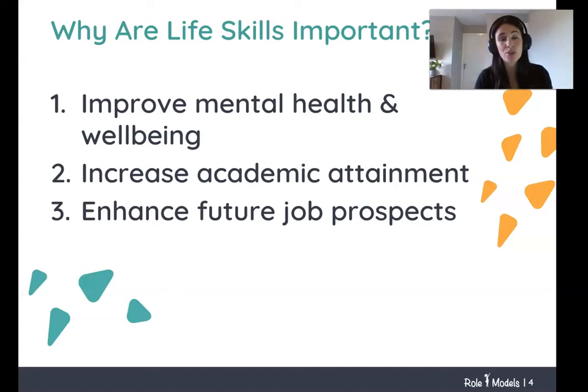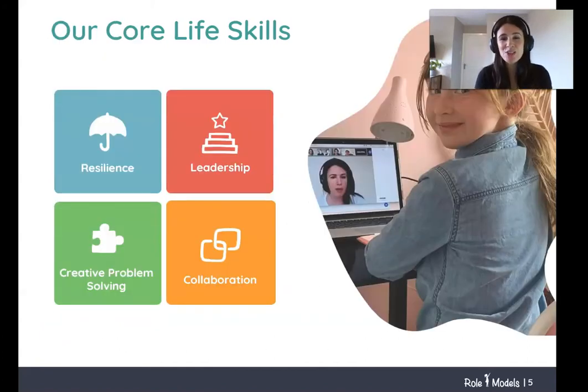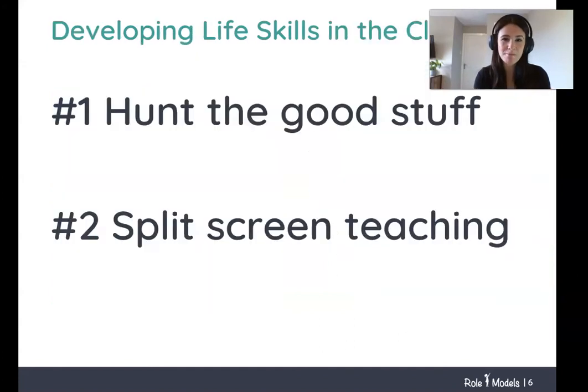They're also looking for those people that have equally strong people skills, have independent thought, who can creatively solve problems, and have the resilience to be able to dig deep when times get difficult. So the 4 areas that we focus on at Role Models include resilience, leadership, creative problem solving, and collaboration.